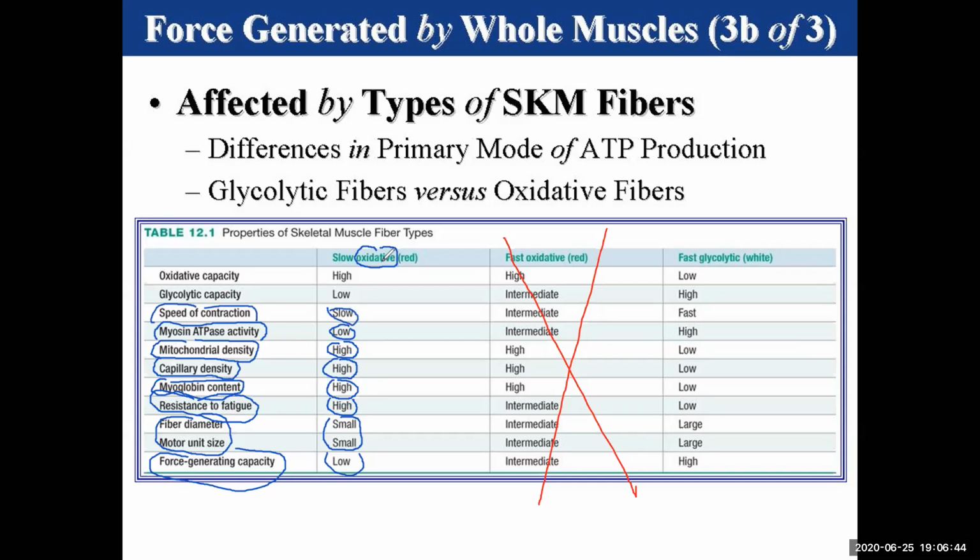And they need oxygen, so they don't rely on glycolysis, so it's low. And oxidative capacity is extremely high because here it requires oxygen. Okay, so that's how you understand the concept instead of blindly memorizing everything.